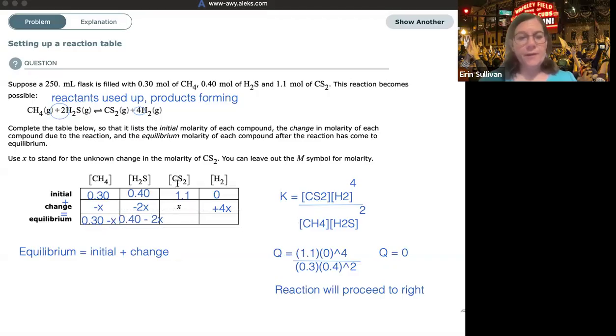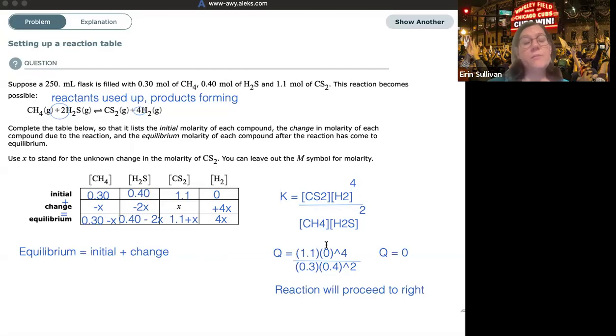In my carbon disulfide column, initial plus change will be 1.1 plus x. So there's my equilibrium concentration in terms of x. And for my hydrogen row, initial plus change would just be plus 4x. So 4x.